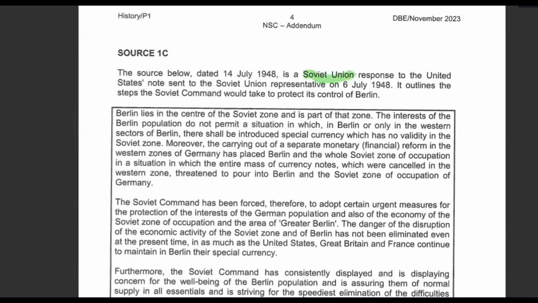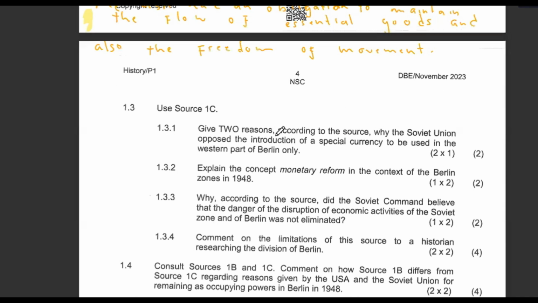Now let's refer back to the question. Give two reasons, according to the source, why the Soviet Union opposed the introduction of a special currency to be used in the western part of Berlin. So they had specific reasons for not allowing the currency to be introduced in Berlin, which I'm going to outline.